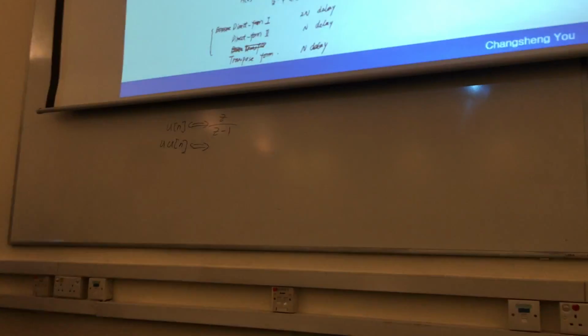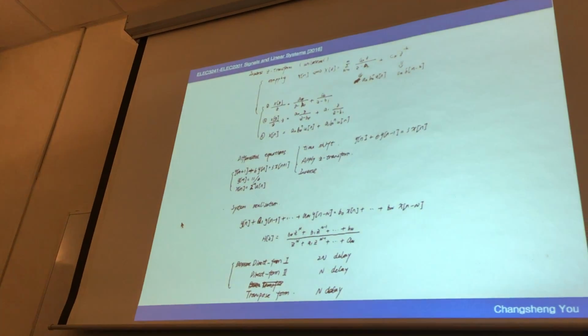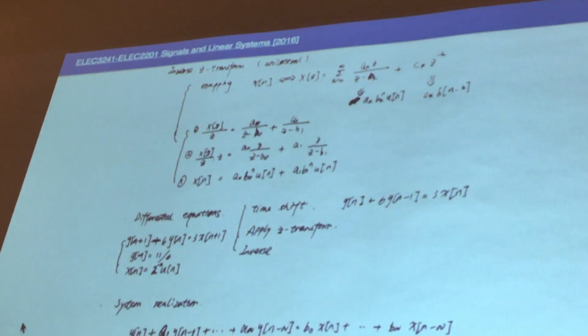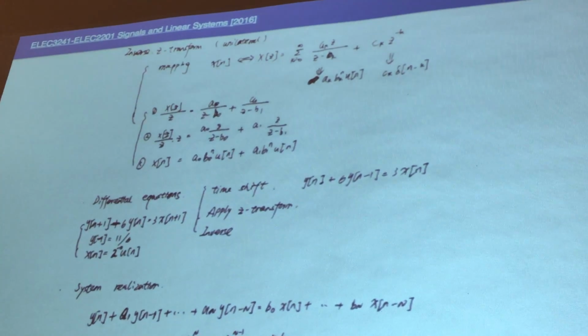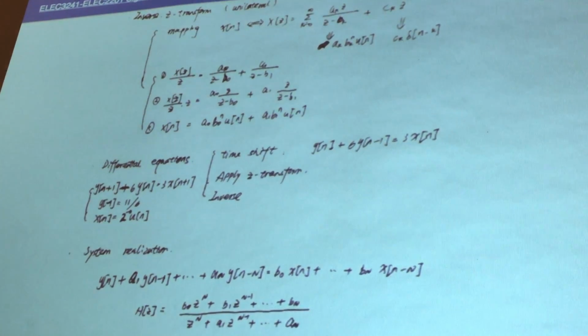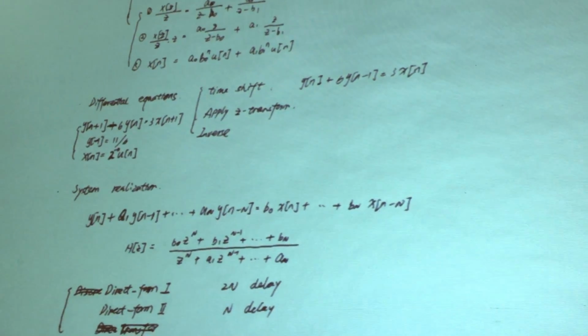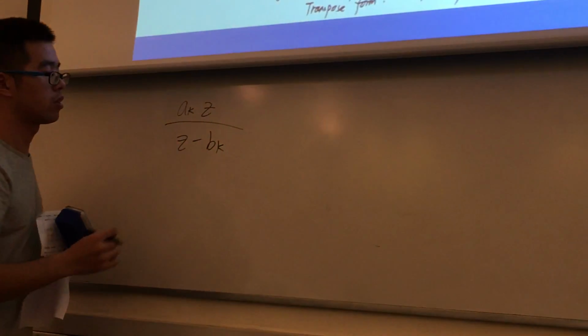All right. So the third component is the inverse Z transform. We can express the Z transform by several components. One component has the form of ak z over z minus bk.